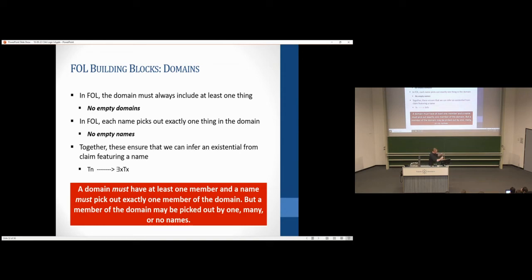So, the big take-home lesson: a domain must have at least one member, and a name must pick out exactly one member of the domain. But a member of the domain may be picked out by many, one, or even no names.